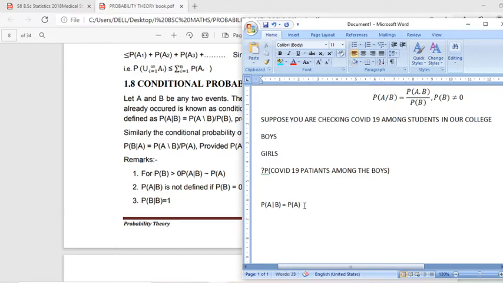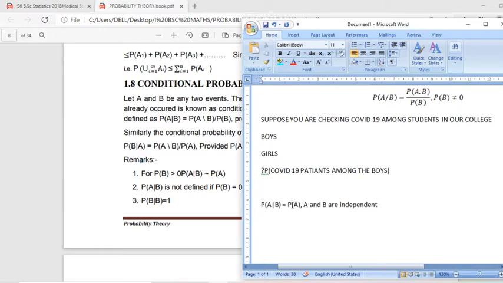So in this case we can say that A and B are independent. That means for the event A, we cannot influence it in terms of probability.